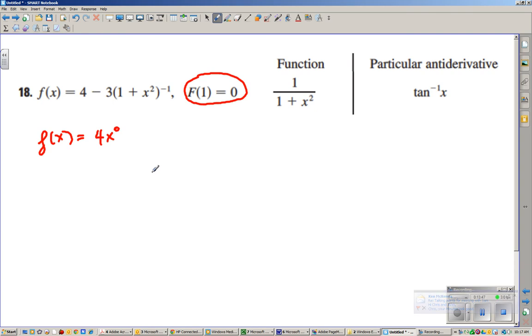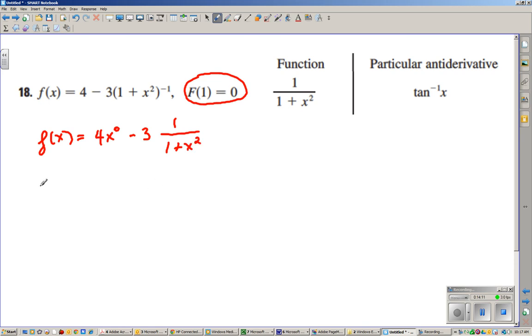We never write that, but you know, x to the 0 is 1, and 4 times 1 is 4, right? So we've got 4x to the 0 minus 3 times, and isn't what's described by 1 minus x squared to the negative 1, isn't that the same thing as 1 over 1 plus x squared?